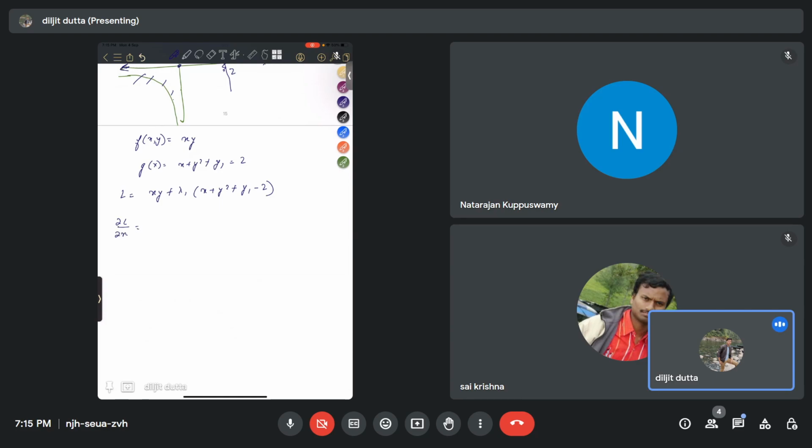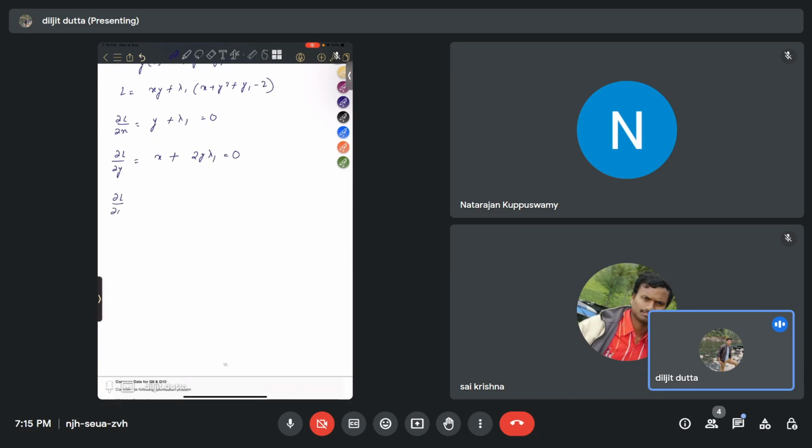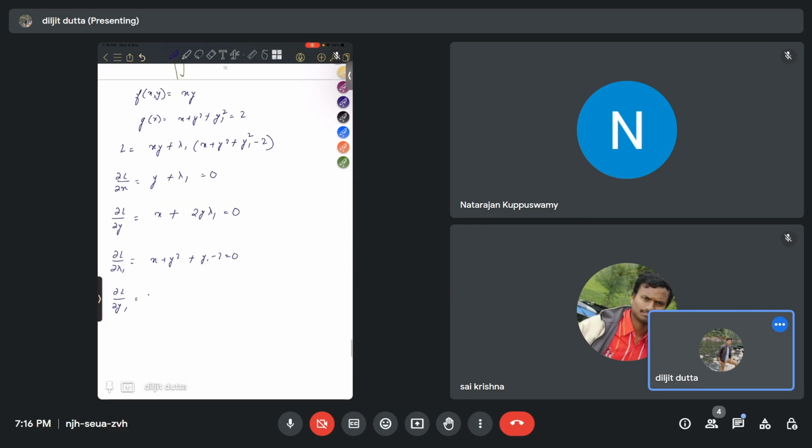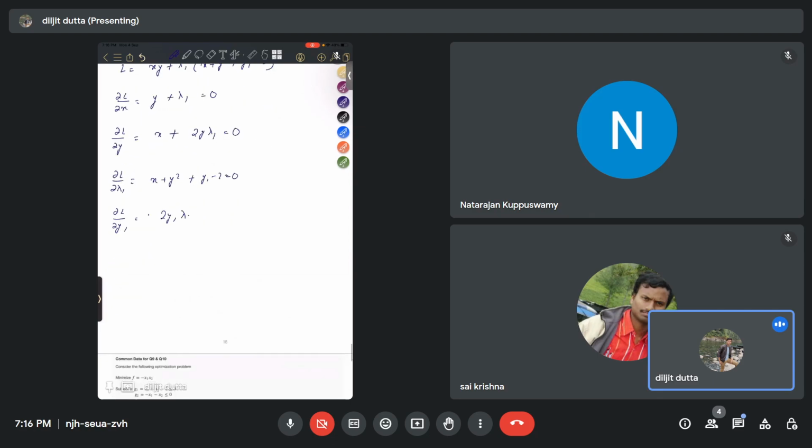Del L by del x is equal to y plus lambda 1 is equal to 0. Del L by del y is equal to x plus 2y lambda 1. Del L by del lambda 1. Sorry, this is y1 square, 2y1 lambda 1 equals.